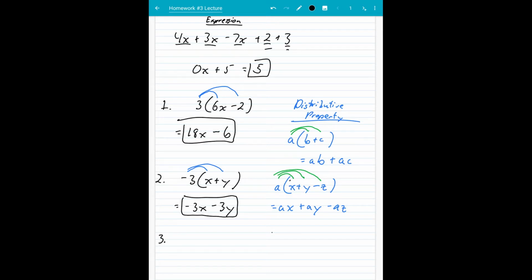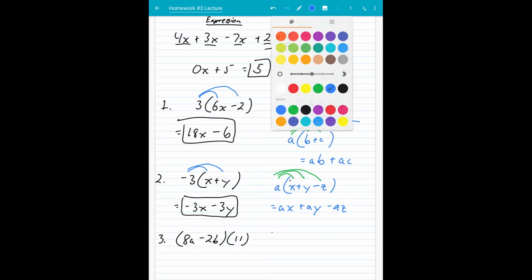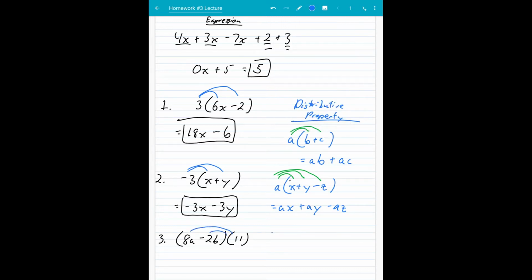Lastly, we'll look at number 3. This one's interesting. 8a minus 2b times 11. The 11 is on the right side, but we would still distribute it the same way. There's really 2 ways you can look at distributing. You can say the 8 and the 2 to the 11, or the 11 to the 8 and to the 2, but it ends up making the same thing.